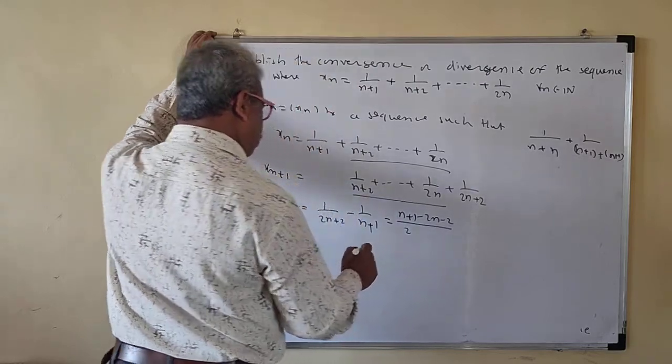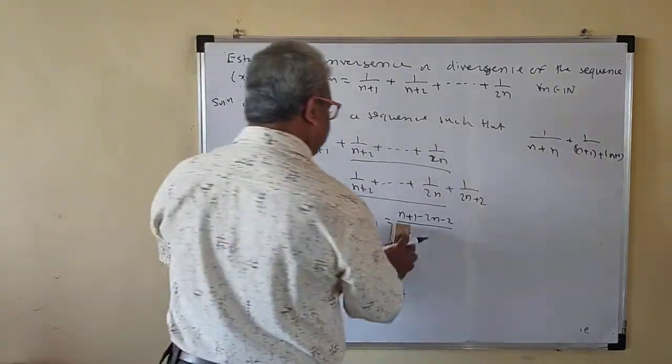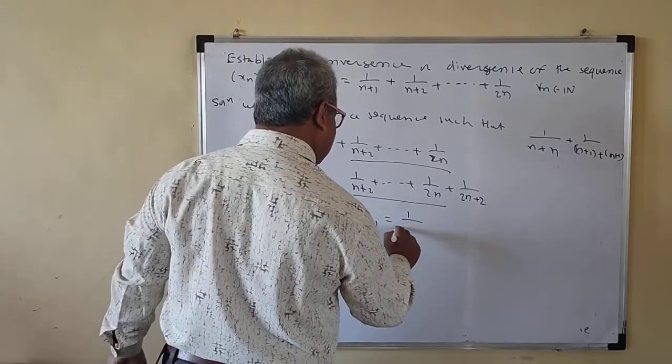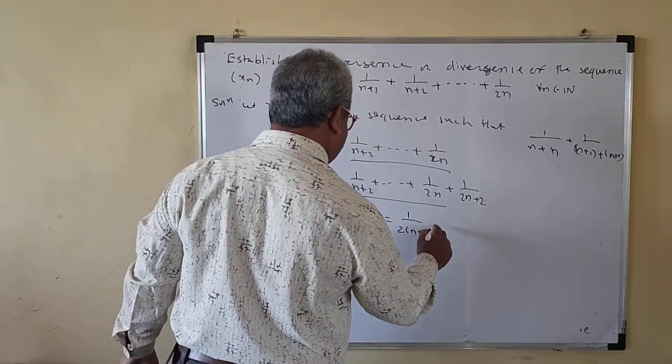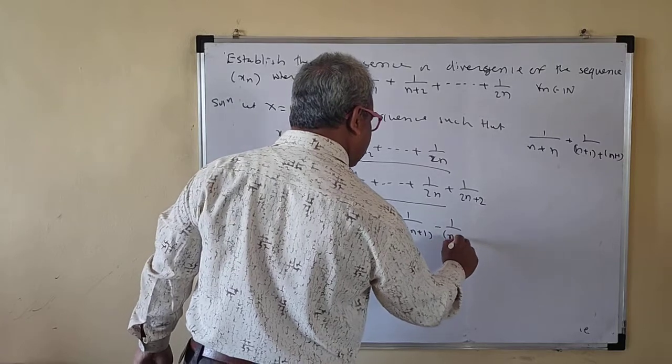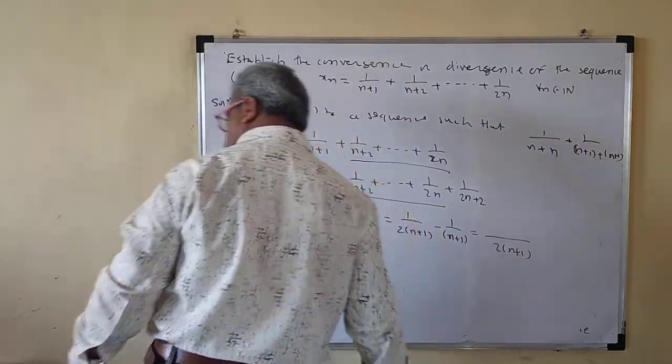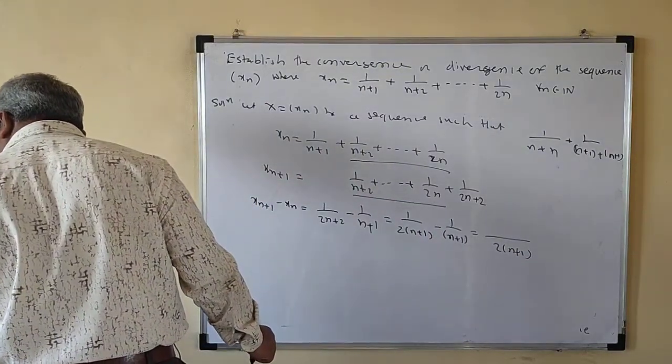We will simplify this actually. So this is 1 upon 2 into n plus 1 minus 1 upon n plus 1. So this is 2 into n plus 1.